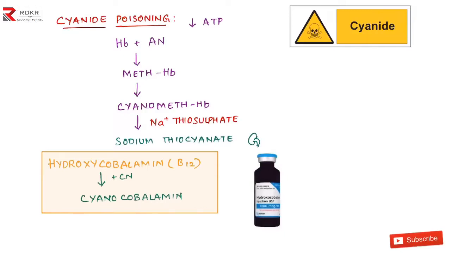So when the cyanide poisoning occurs in a body, this cytochrome oxidase is inhibited and there will be a decrease of ATP. When there is a decrease of ATP, automatically the energy levels in the body get decreased. So how can we remove the cyanide which has entered into the body?